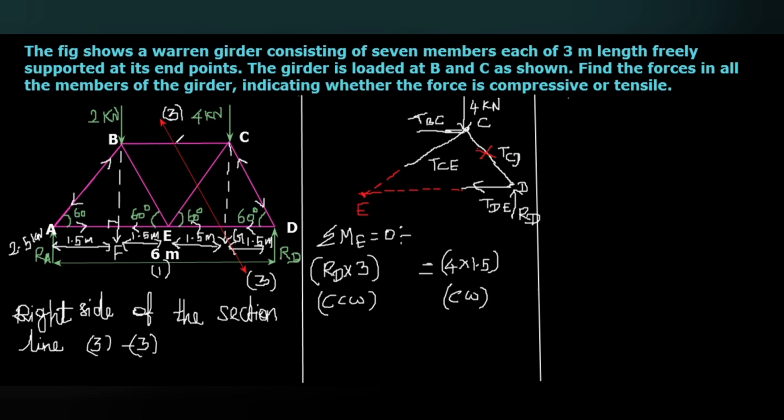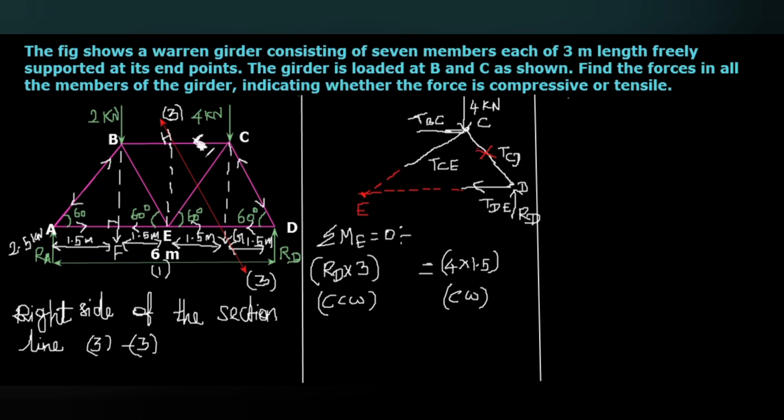Okay, so this tension in BC may act either in this direction or this direction, but whatever, it will be at a vertical distance from E, EH. It may act like this or like this, whatever the distance.